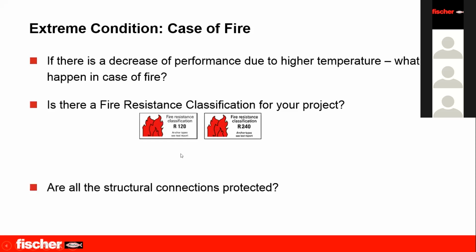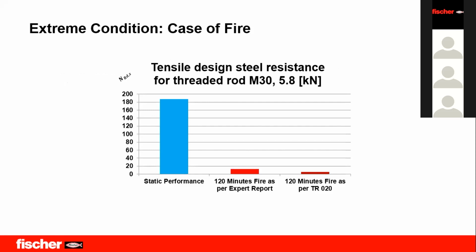The other thing you should consider is not the chemical itself, but the threaded rod and the steel connection: is it protected or not? And this is an important thing. Maybe the failure will happen to the steel plate or the steel structure or steel connection, not to the chemical. Now, this paragraph shows what happens to the steel itself, the threaded rod, in case of fire.